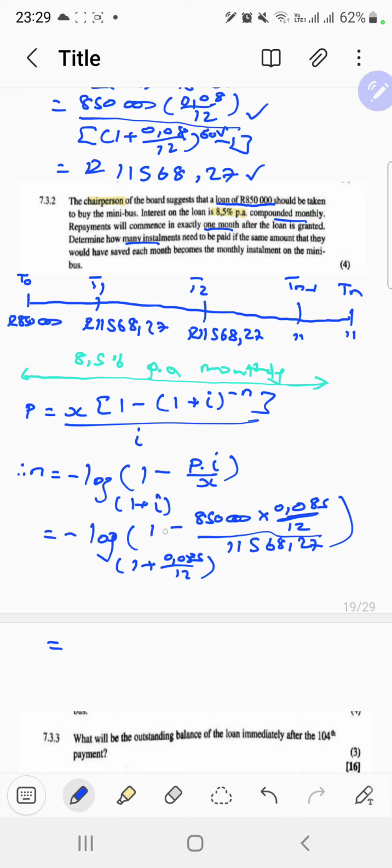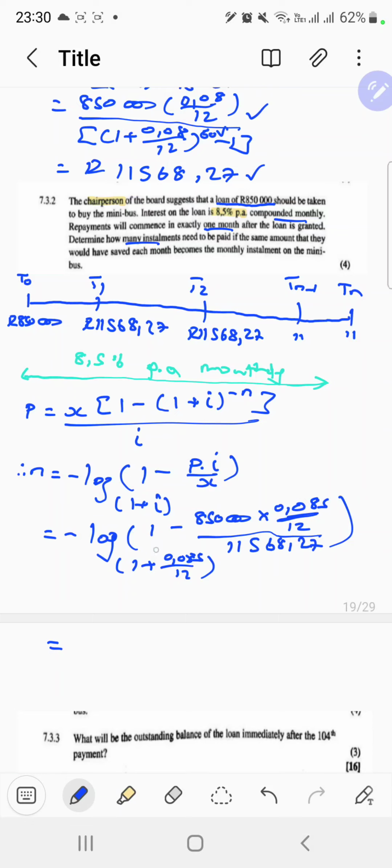So let's go for it. Easy stuff, eh? Now go minus log. See, again, we have fancy calculators that do a lot of fancy things for us. 0.085 over 12. We close bracket and then we go there 1 minus. This one is 850,000. Please, guys, make sure your substitutions are on point.